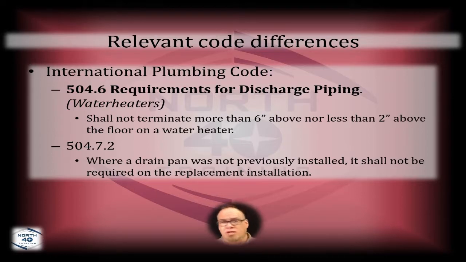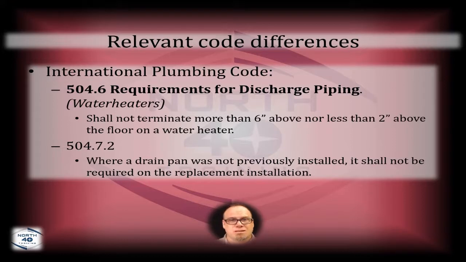There wasn't a requirement in the past, and maybe there wasn't even anyone there to enforce code, and there wasn't even code that had to be followed at the time that this thing was installed. But now you're going back with a water heater and you do have to follow code, and code says in this application, whatever it may be, maybe it's in a closet with no floor drain, maybe it's above a finished space, those couple of applications would require you to have some kind of a pan underneath it.